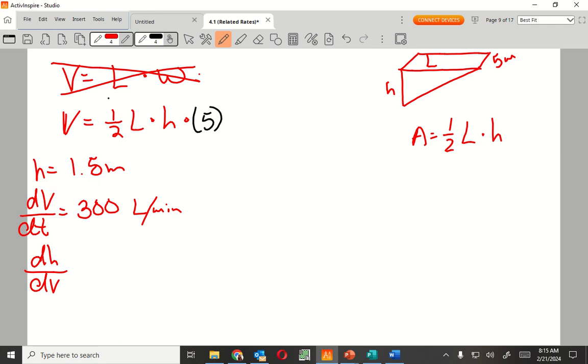But because this is increasing at a rate, it's going to be a ratio. As the height changes, isn't the length also going to change? So I know that there is a ratio of my length to height, or height to length.